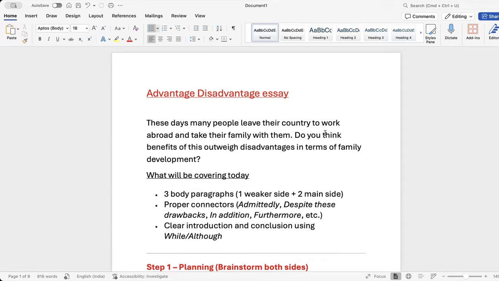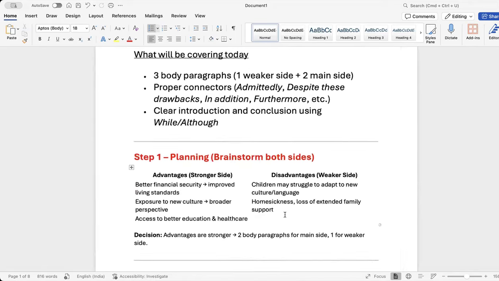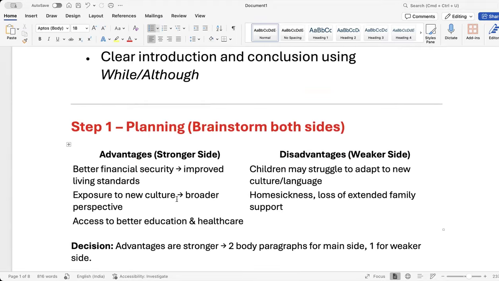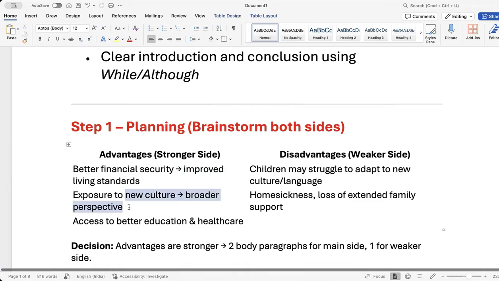Anyways, I have not written down all the points you mentioned, but I've written quite a few. First is improved living standard, which you said: better education, healthcare, a better, modern lifestyle, and exposure to a new culture and broader perspective.